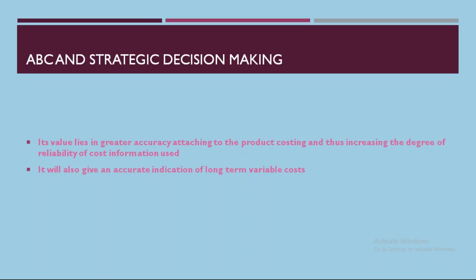In fact, the theory says there is nothing called a fixed cost. In the long term, everything is a variable cost, because the more you produce, the more you have to spend on what we call fixed cost. You have to have more supervisors, you have to have more warehouses, etc. So every cost can become a variable cost in the long term.